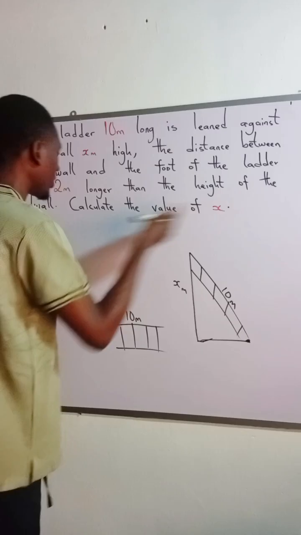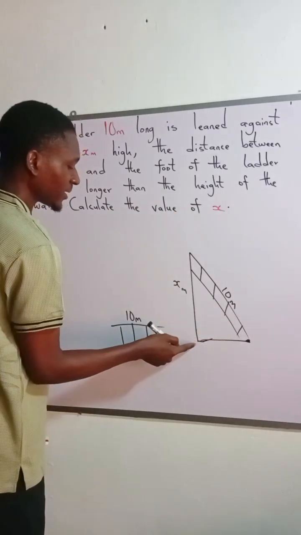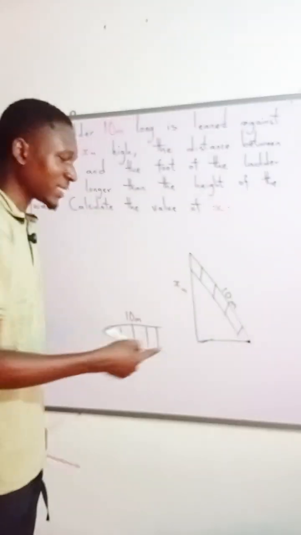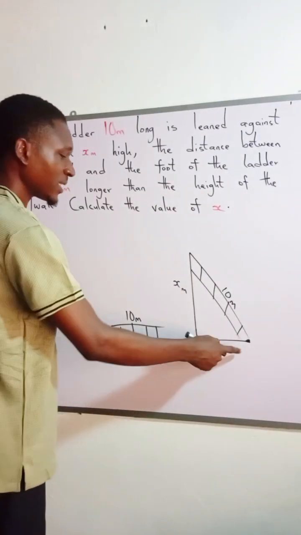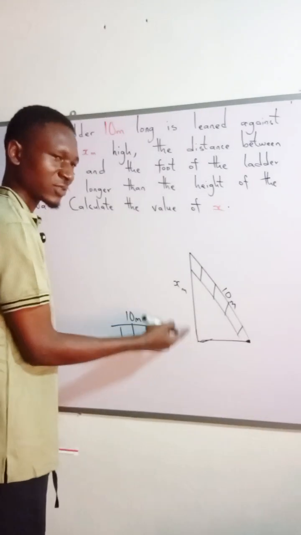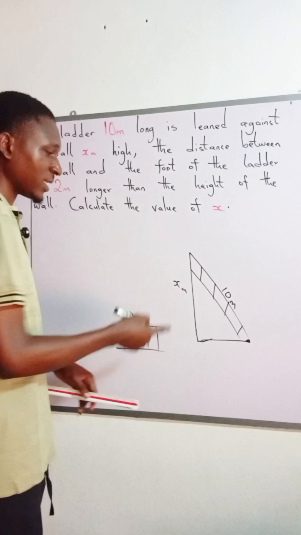Now, if the height of the wall is x meters and the distance from the wall to the foot of the ladder is 2 meters longer than the height, that means the distance is 2 meters longer than x meters. So 2 meters more means you add 2 meters to this.